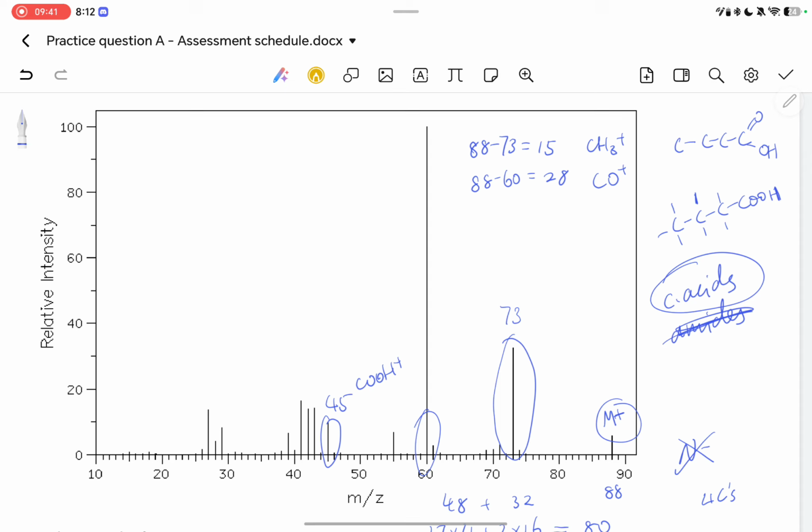We're just looking at fragments that could still back us up. So 45 indicates a COOH plus ion, and this is very helpful because that's just our carboxylic acid group.